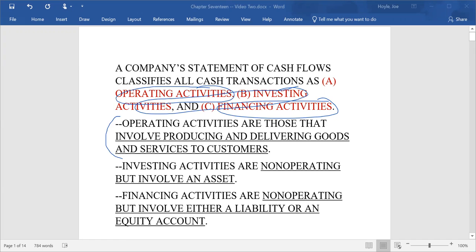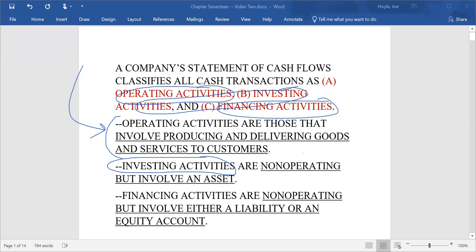Likewise, the rent expense, the insurance expense, the salary expenses would all be part of normal operating activities. As we have said in other videos, that figure is a very, very important number when you're looking at a set of financial statements.